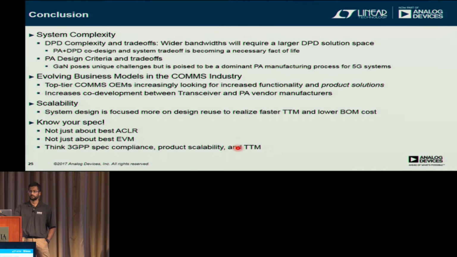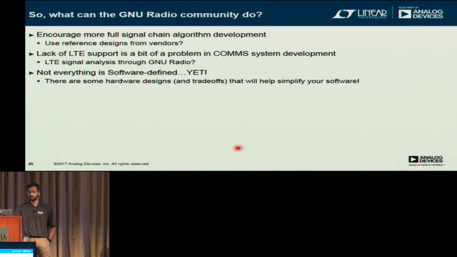Just think about these kind of system-level problems. So what can the GNU Radio community do to enable systems design? One of the main problems that I see is there's no full signal chain algorithm development emphasis given, at least in things that I could readily read.